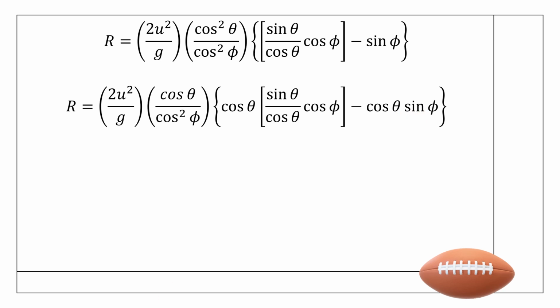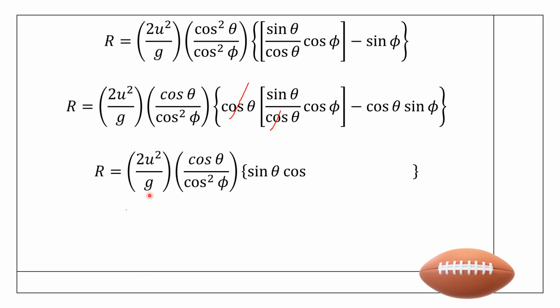So here this cos theta and this cos theta get cancelled out and we get the equation as r is equal to 2 u square upon g into cos theta upon cos square phi multiplied by sin theta cos phi minus cos theta sin phi.